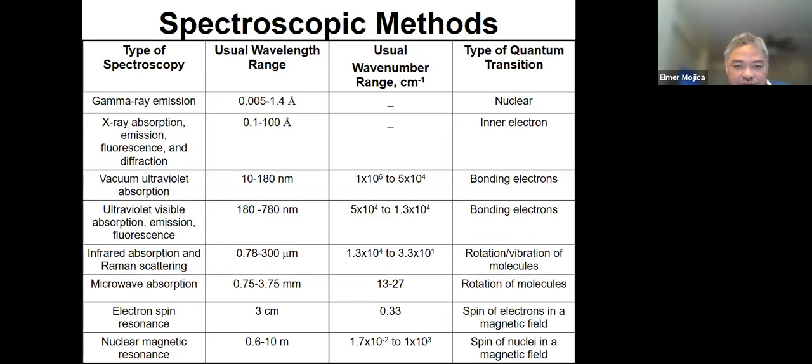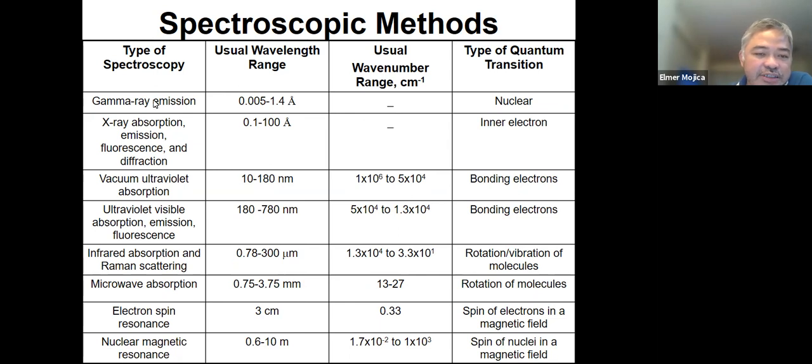If we look at the spectroscopic methods that were developed, this is how it's tabulated, along with the type of quantum transition that each has.